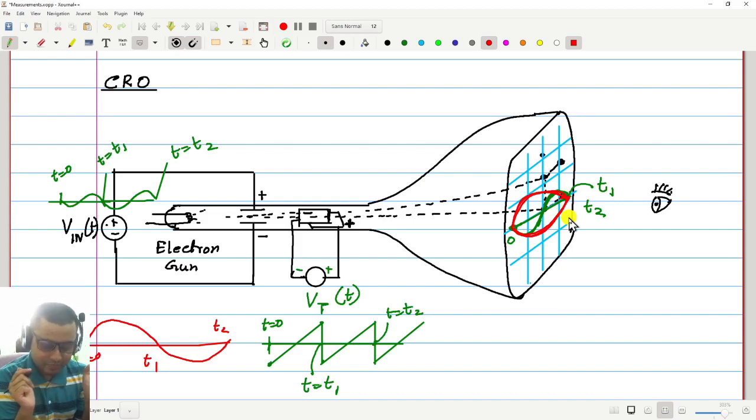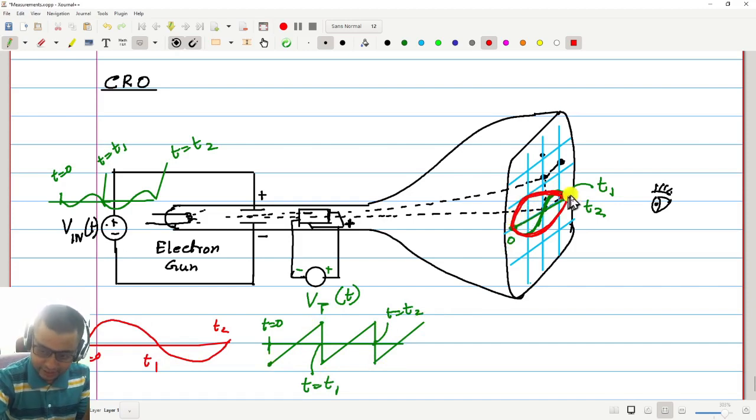So what we see now for this case, if this frequency is lower than this frequency, we will not be able to see the waveform properly. In fact, if this frequency is not a proper multiple of this frequency, you can imagine what will happen.